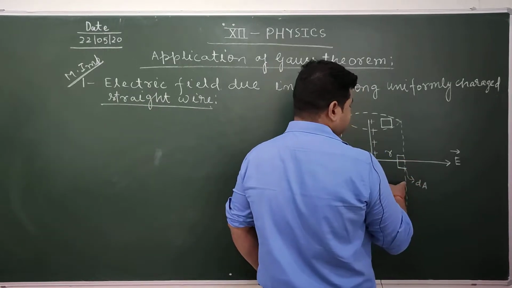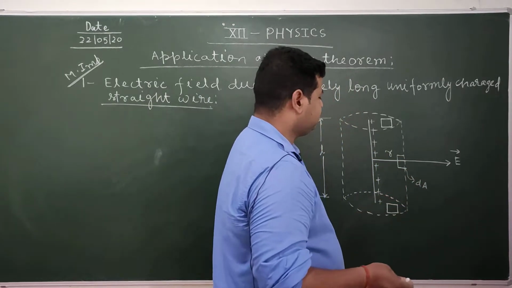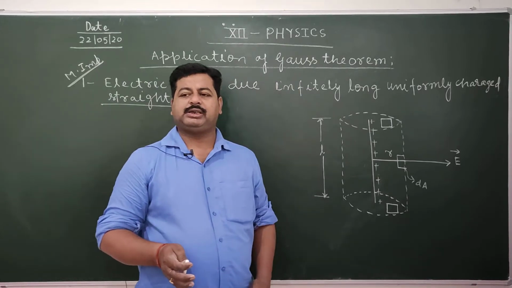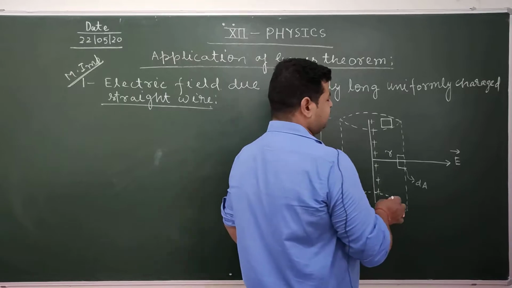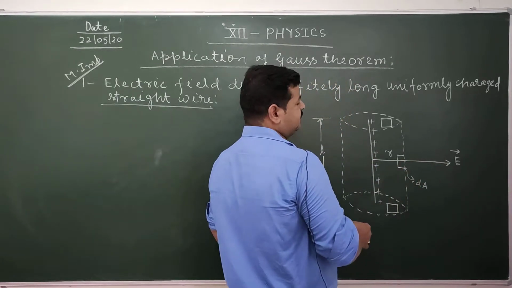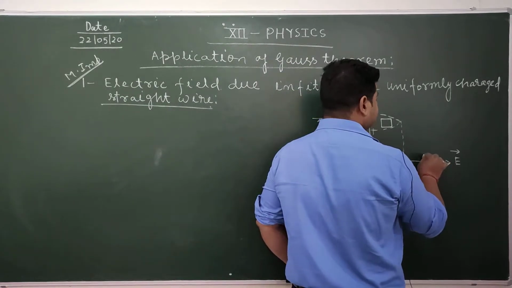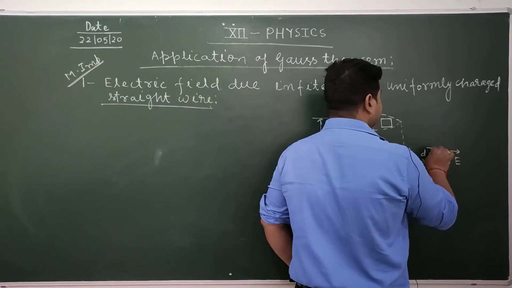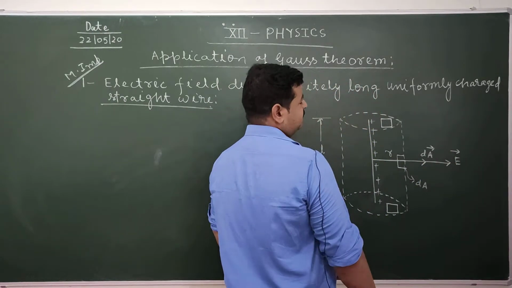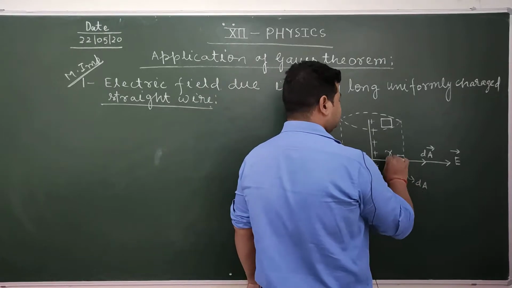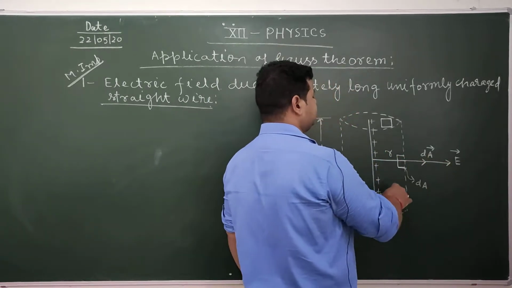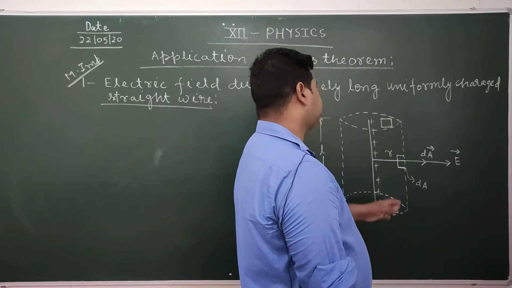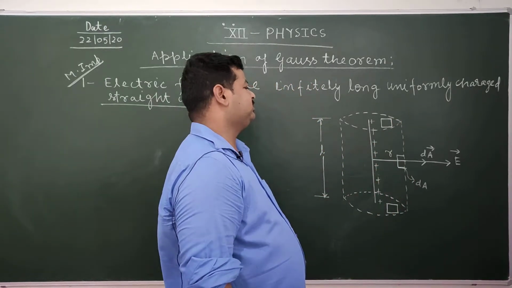and also the area vector. I have already told how to determine the direction of area vector. Here the direction of area vector is radially outward. We represent the area vector as dA vector. Clear? So this is the formation of the area vector and electric field on the surface element lying on the curved surface of the cylinder.